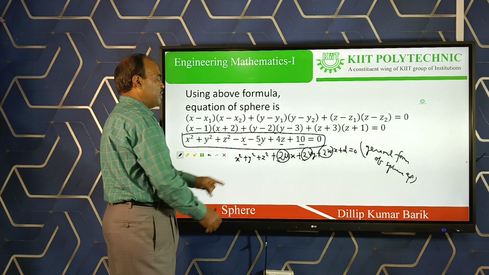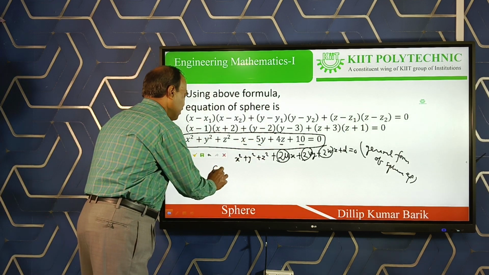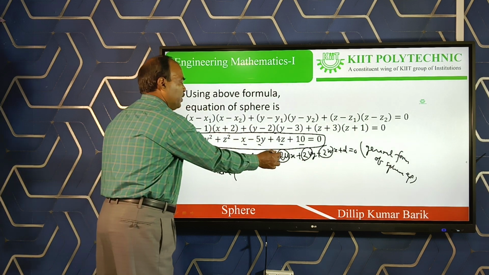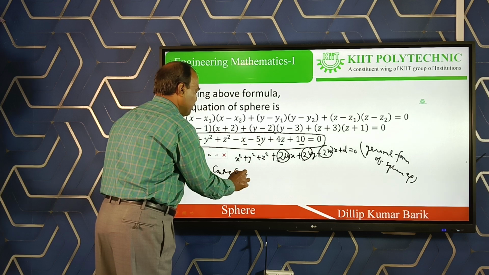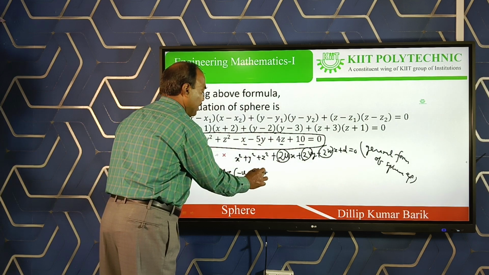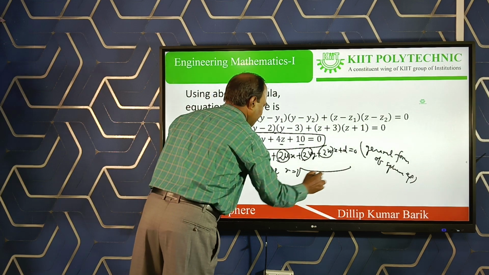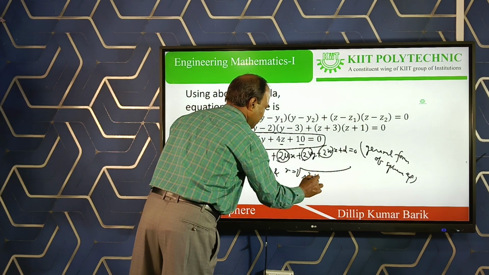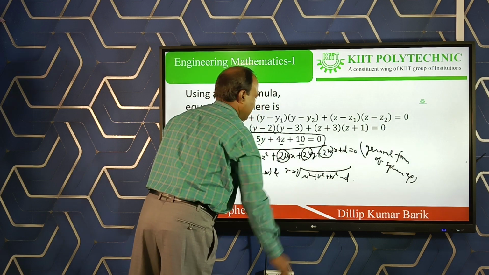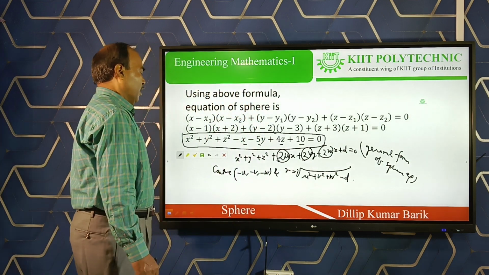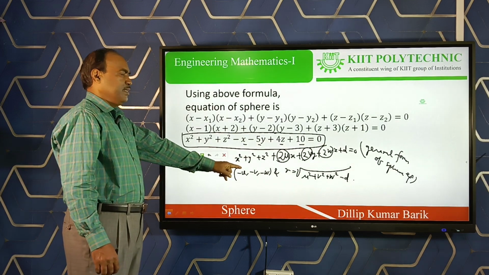So if you compare, what is the center and radius of the sphere? Clearly, the center is 2u by minus 2, that means minus u, minus v, minus w, and the radius is the square root of u square plus v square plus w square minus d. Clear? So this is the formula for finding the center and radius.